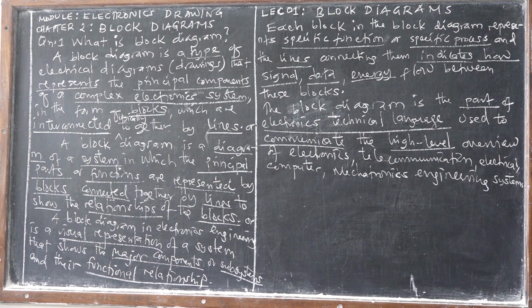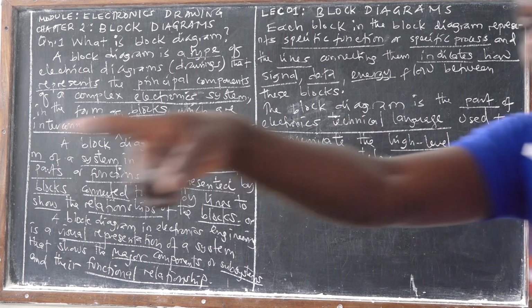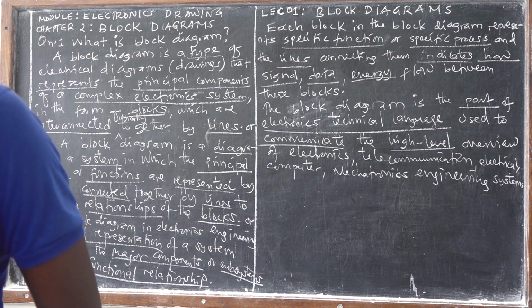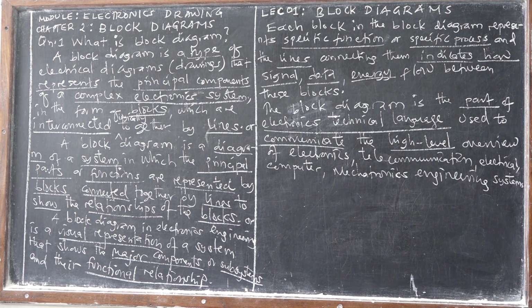Other types of electronics diagram: wiring diagram, pictorial diagram, detailed layout PCB diagram, assembly diagram, schematic diagram, circuit diagram, schematic circuit diagram.